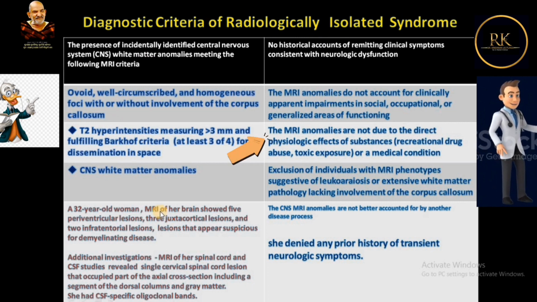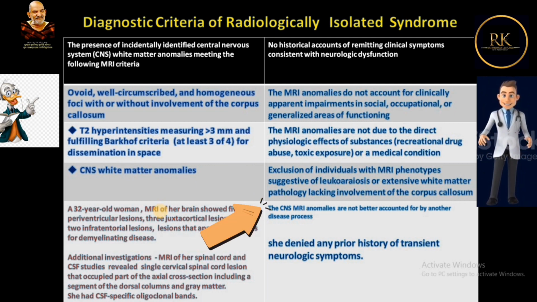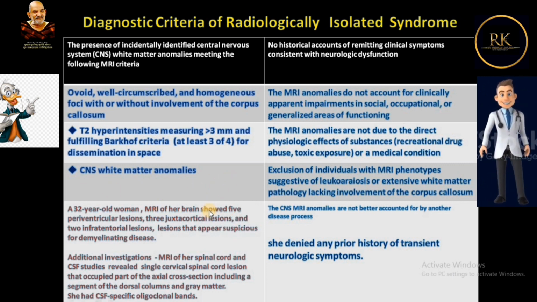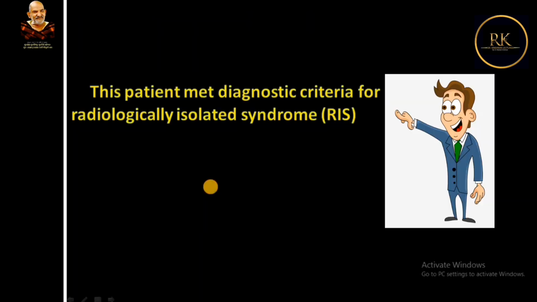MRI anomalies are not due to the direct physiological effect of a substance. Exclusion of individuals with an MRI phenotype suggestive of leukoaraiosis, and CNS anomalies not better accounted for by other disease processes, were fulfilled in this patient. So, the patient meets the diagnostic criteria for radiologically isolated syndrome, and so this was a case of radiologically isolated syndrome.